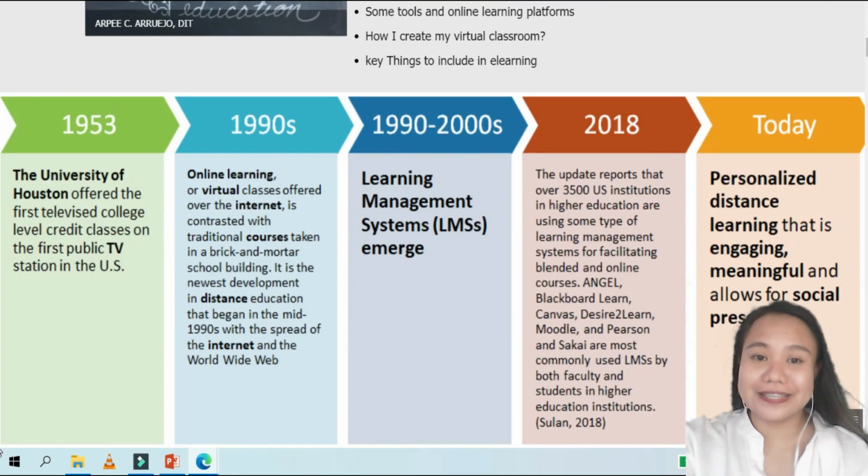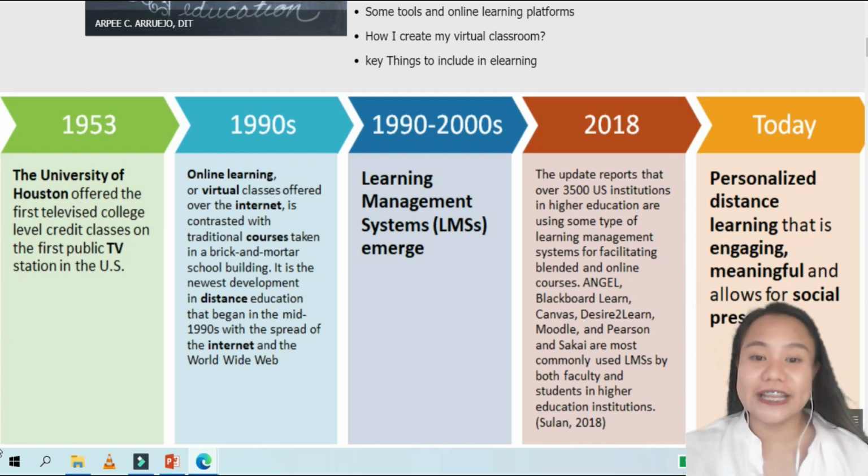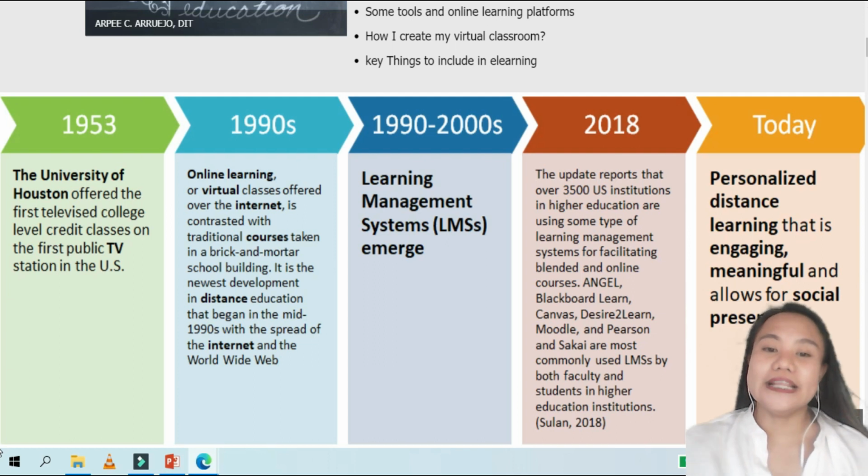I think it is important for us educators to know or to trace the history of online education, and this is a shortened timeline of the history of online education, 1900s to 1959.